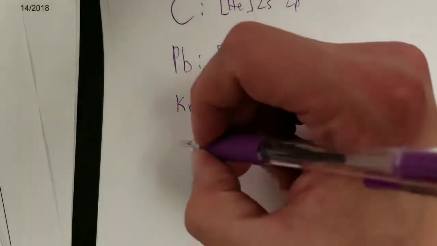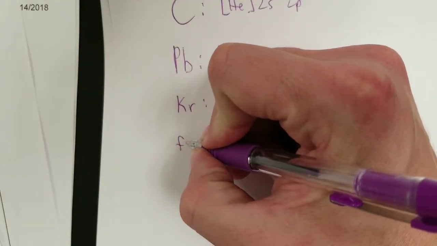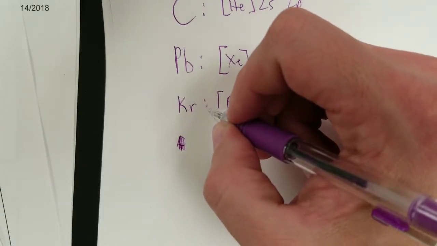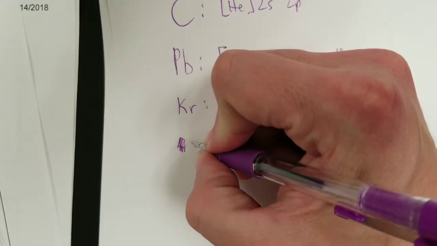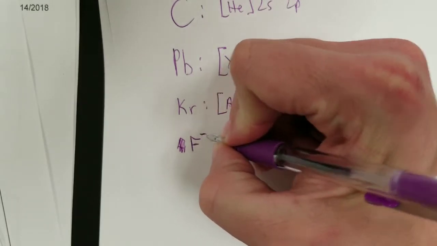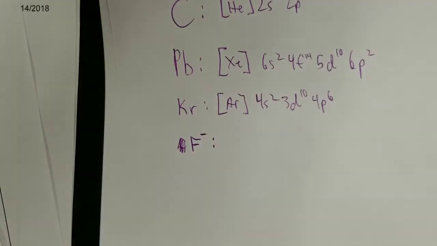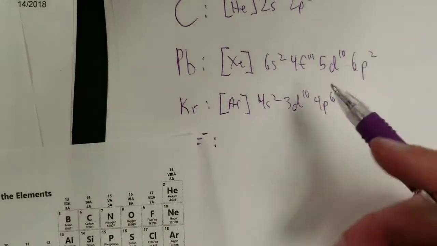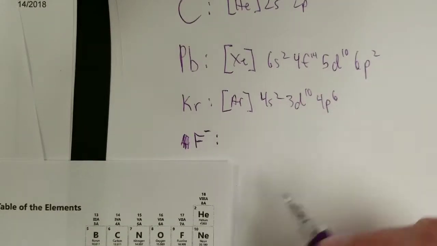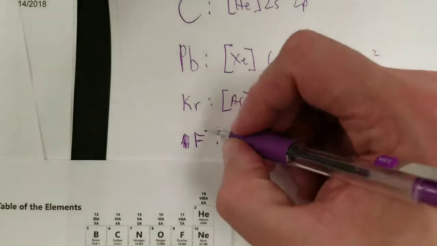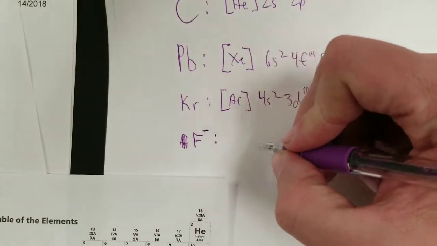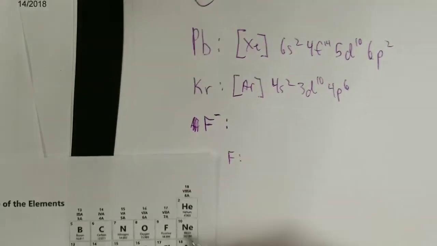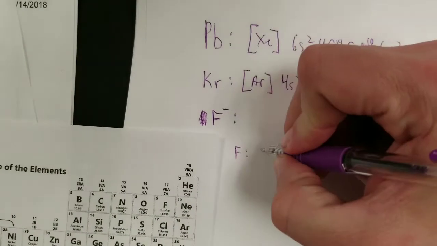And suppose I want to throw out an ion. Let's do the fluoride ion. Same as before, I will start with the noble gas configuration for fluorine first. The previous noble gas is helium.